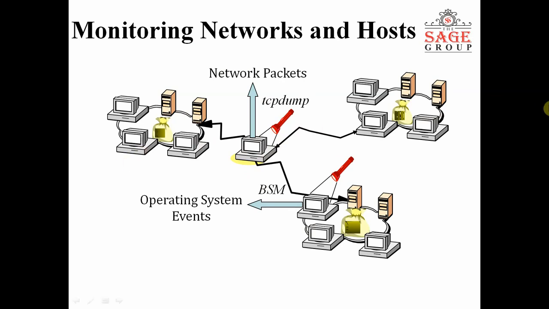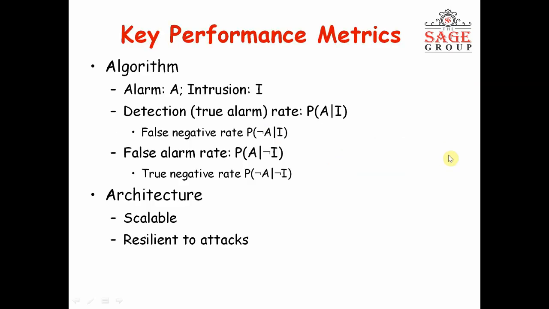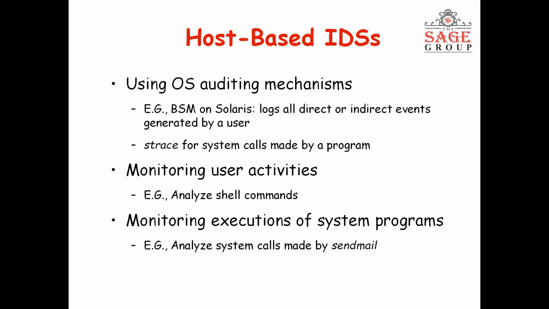Suppose this is bank A, bank B, or bank C. So we have to first protect this place to protect the other places. These are the key performance metrics in which we see these things. Next slide. Host-based IDS. IDS is also known as intrusion detection systems.